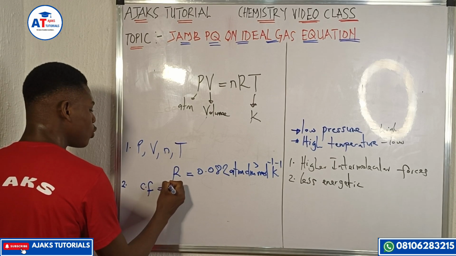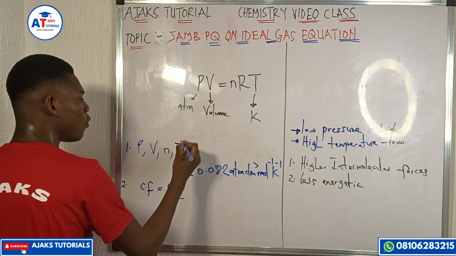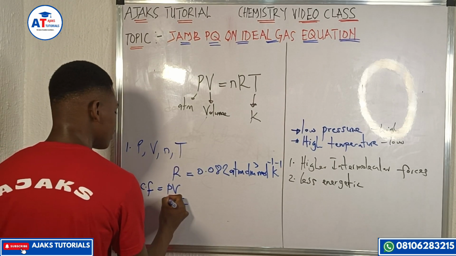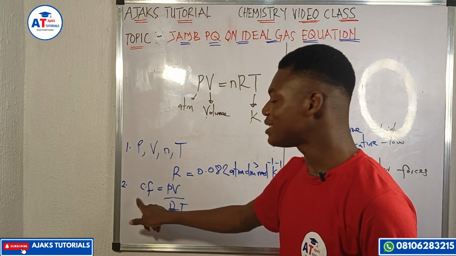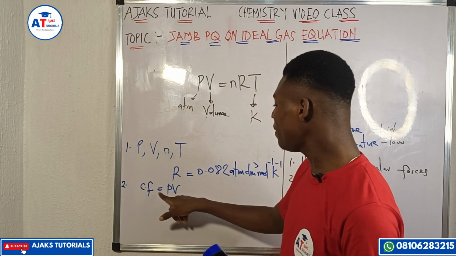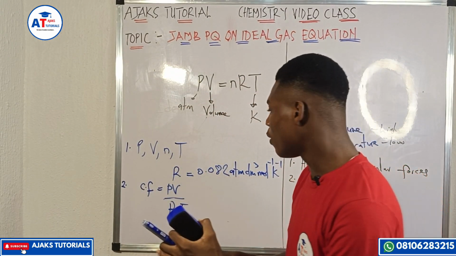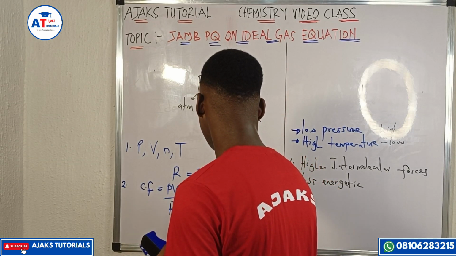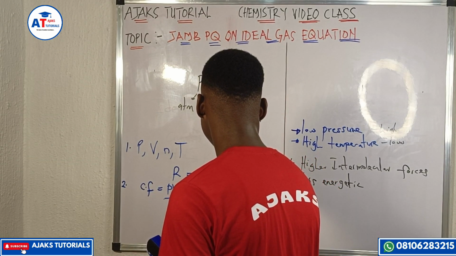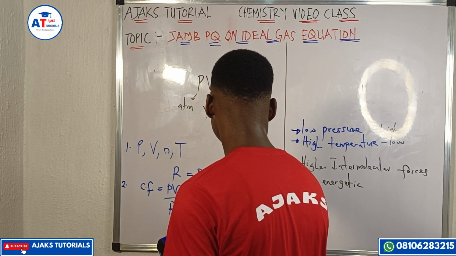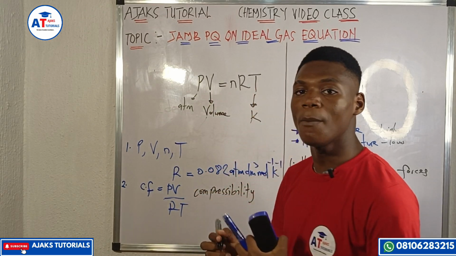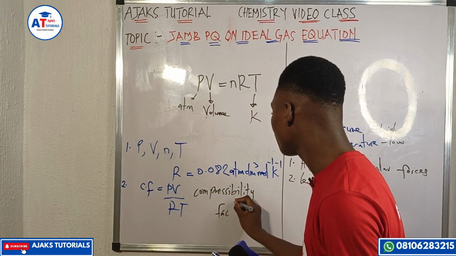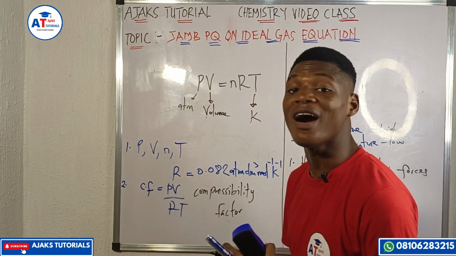CF is equal to PV over what? RT. Yes. CF, compressibility factor, equal to PV over RT. In case you can't spell compressibility, let me just help you. Compressibility. Yes, this is it. So compressibility factor, you use PV over RT.